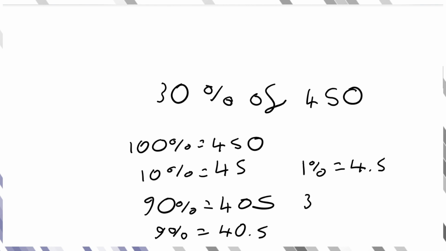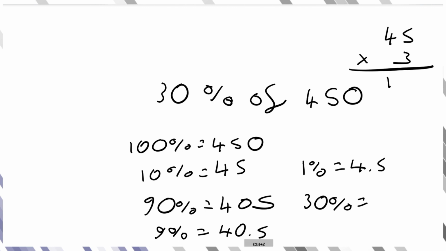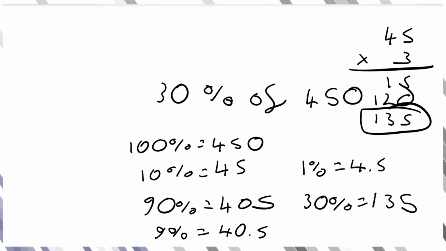So 30% is 10% times 3, which is 45 times 3. Well, if we're not sure what 45 times 3 is, we can just quickly go like that: 3 5s are 15, and 3 4s are 12, but that's a 40, so it's 120. 120 plus 15 is 135, and that's our answer. 30% of 450 is 135, and that's it.